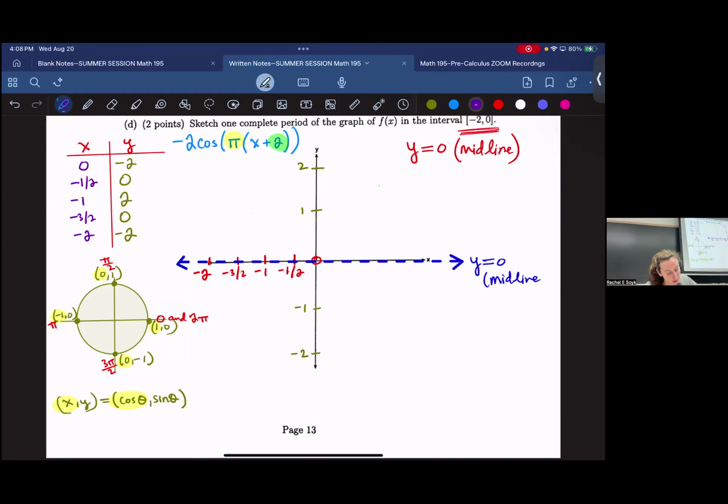And so we have 0, -2, plot that point. -1/2, 0, plot that. -1, 2. -3/2, 0. And then -2, 2. So when we connect these dots, we'll end up with something like this.